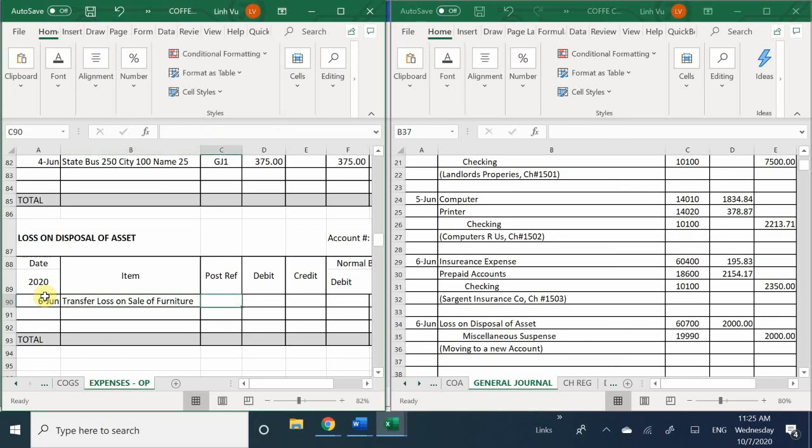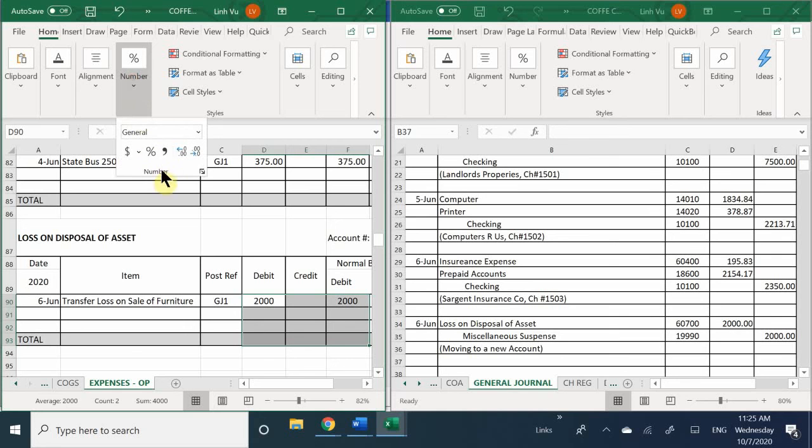Okay. And the post-reference is going to be journal number 1. We're still in the first journal. And our debit's going to be for the $2,000. So therefore, because I just started this new account, it's going to be a debit balance for the $2,000.